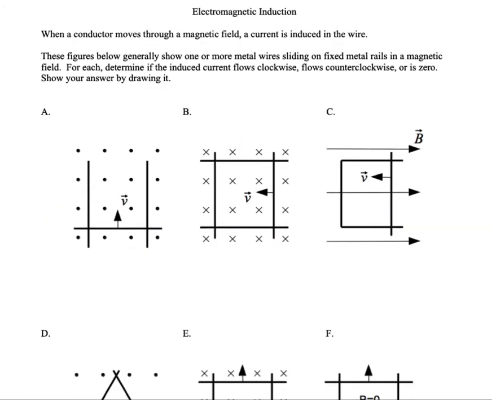Now, even though I just solved all these problems using the right-hand rule, I also want to solve them using a new method. It has to do with the area of a loop and the flux through that loop. It's an alternative way of determining what the direction of current will be.